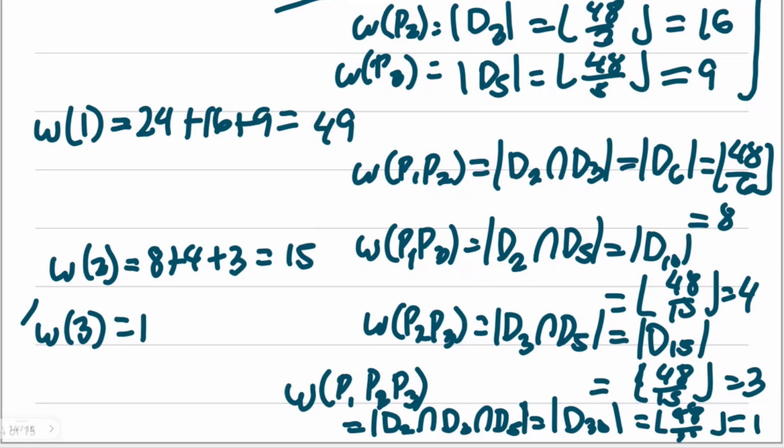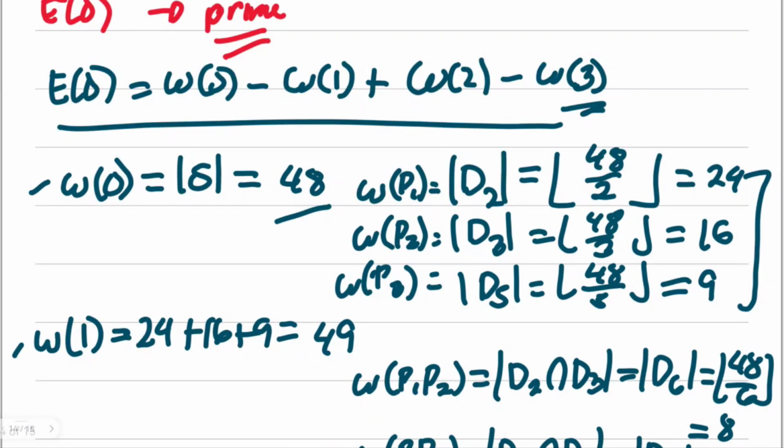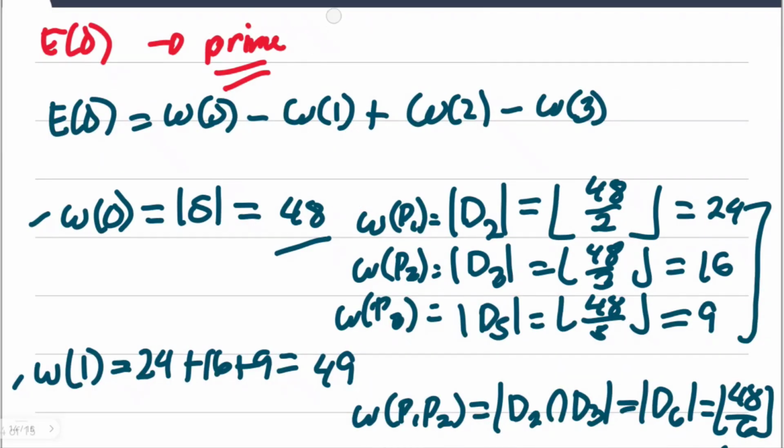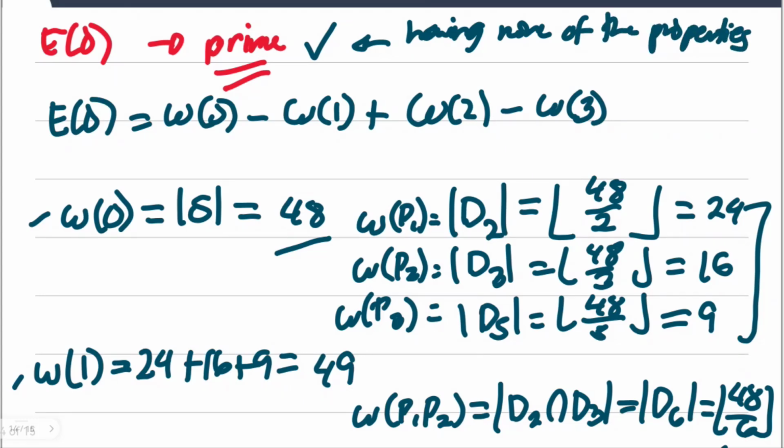With all of this already identified, we can now solve for our E of 0 as the idea for the primes, because when we talk about E of 0, this means having none of the properties, meaning they are not part of the divisible by 2, divisible by 3, divisible by 5, and if they are not divisible by 2, 3, and 5, below 48, then automatically they are prime numbers.